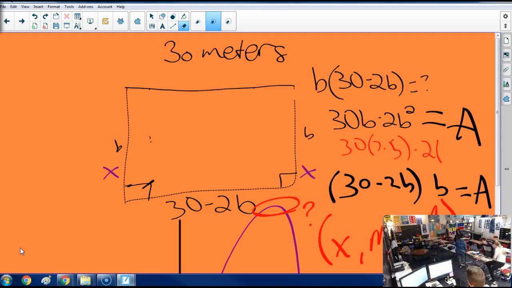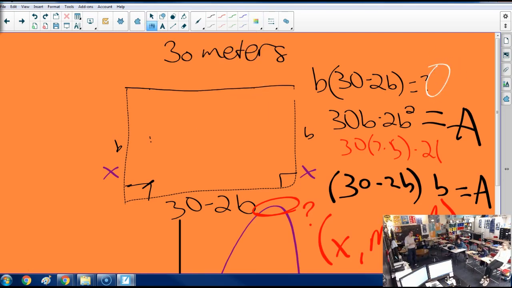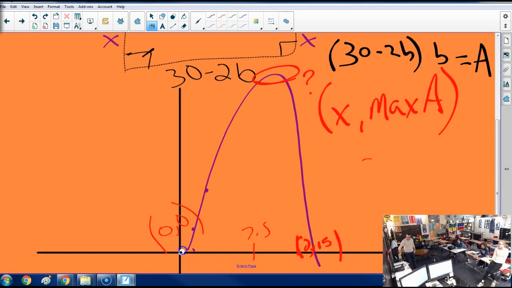So, what's funny is I started the lesson showing you what you could have just used here: finding this point and this point.